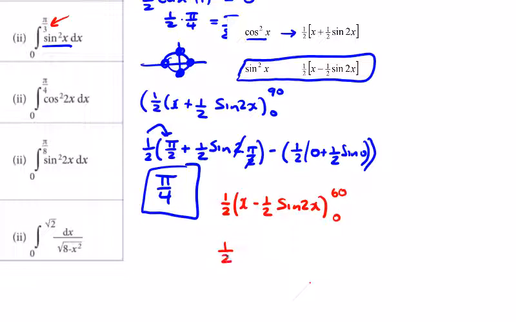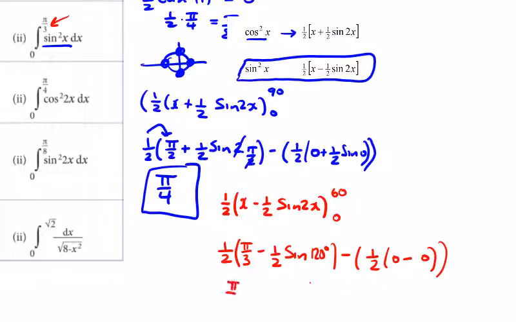So we're going to get a half times, we did it in radian form, pi over 3 minus a half times the sine of 2 60s, it will be 120 degrees, and then minus a half times 0 minus a half times the sine of 0, so it's just going to be 0 over this side.